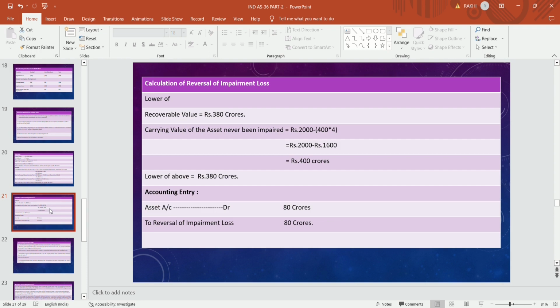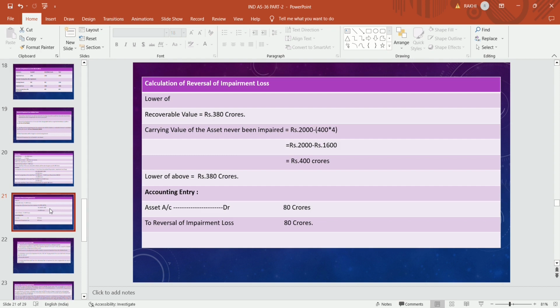Now lower of recoverable value and carrying value, that is 380 crores, is the limit for reversal, and the carrying value is already 300 crores, so we will make the accounting entry of only 80 crores.